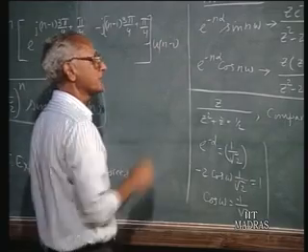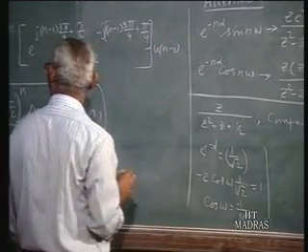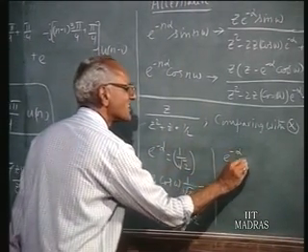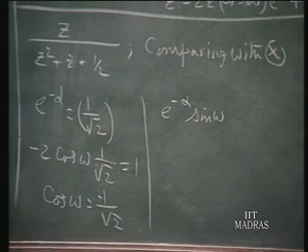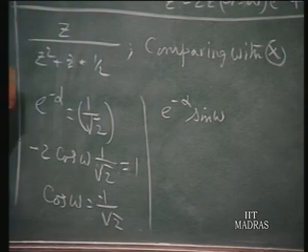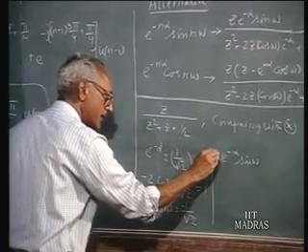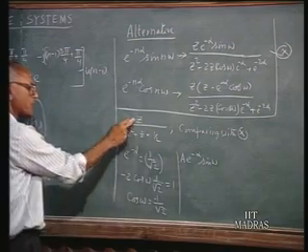Let us see the numerator. The numerator is z e to the power of minus alpha sine omega. What we may have is some constant times this, say a times e to the power of minus alpha sine omega, which happens to be equal to 1.